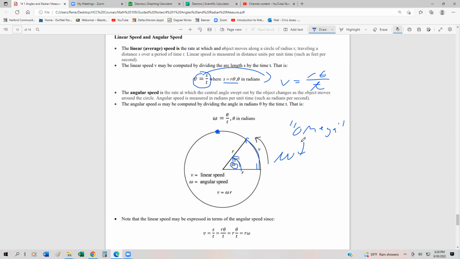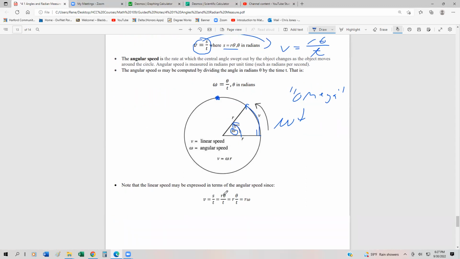So it's basically going to be the angle divided by the amount of time that it's moved. Now, what we can do is substitute back in for some of these variables. Notice that the linear average speed v is equal to s over t, or r theta over t. But remember, theta over t is the same thing as omega.